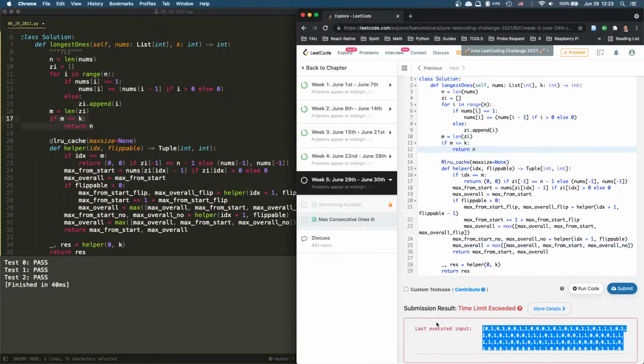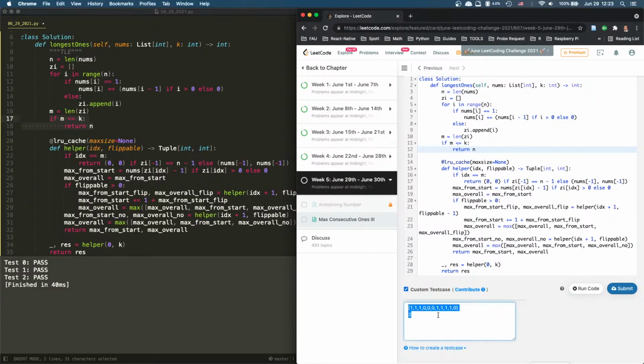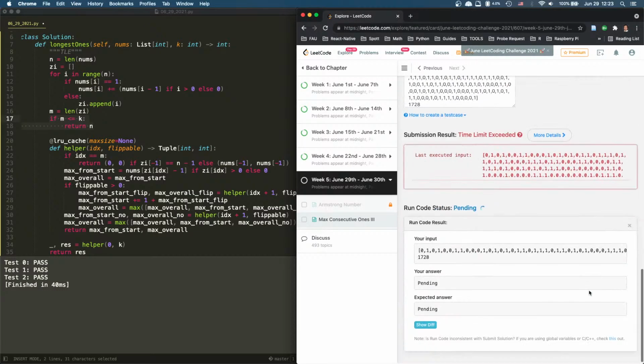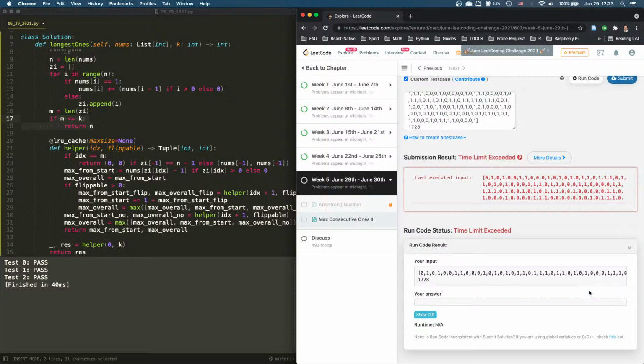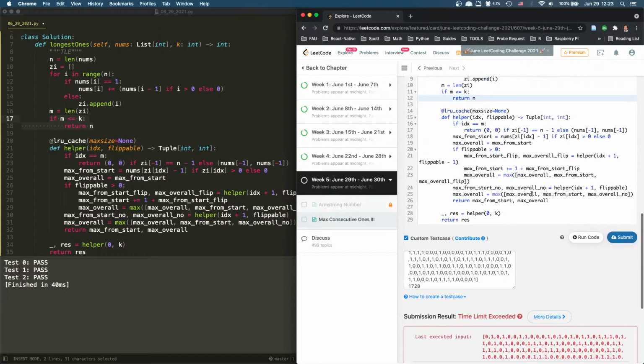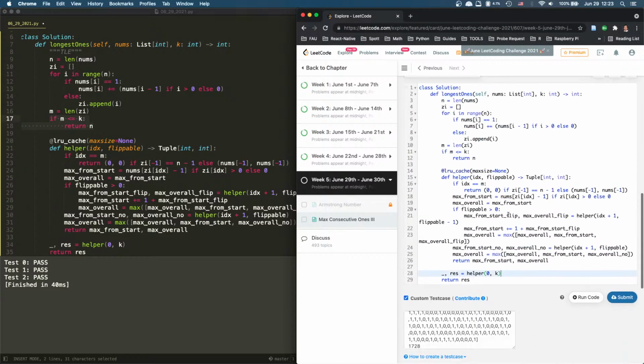Let's use this custom case. Not sure. And nope. I mean, that is a trick we can include, but that's not the case. How many are we talking about?